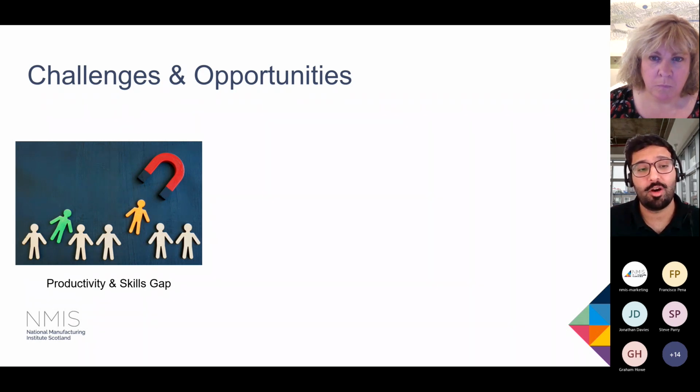To boost productivity and adoption of digital transformation, the sector needs the right skills to help the industry move forward. And there's a skills gap as well, as in the coming years we'll see more people retiring, and the sector desperately needs a talent pool.